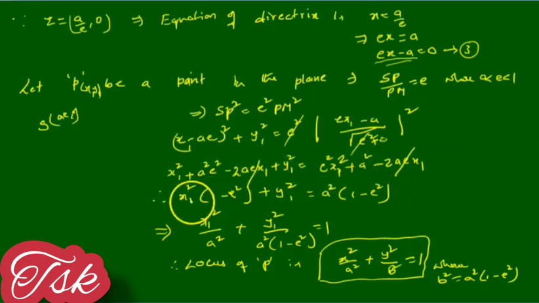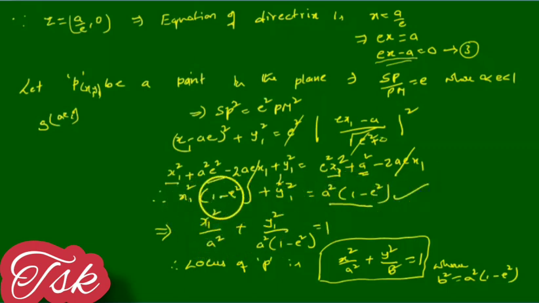If you take x1 square common, we have x1 square (1 minus e square) plus y1 square on the left, and on the right-hand side, taking a square common, we remain with a square (1 minus e square). Therefore, divide this entire equation by a square into (1 minus e square).